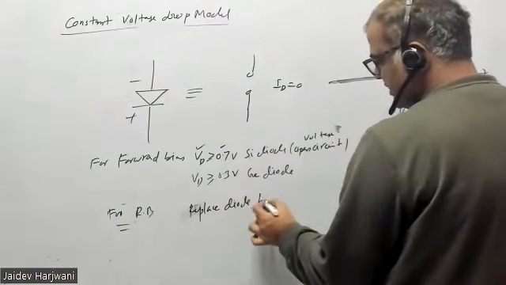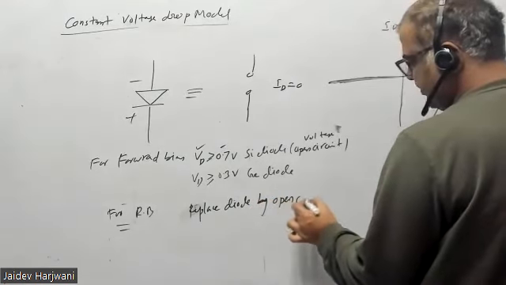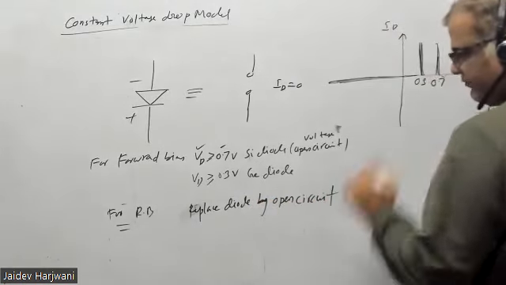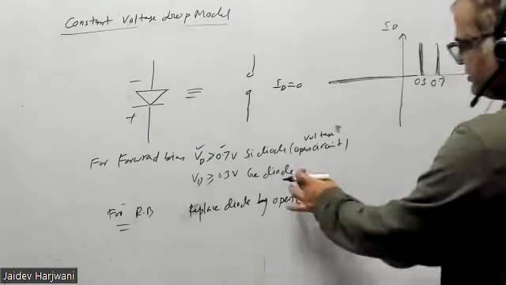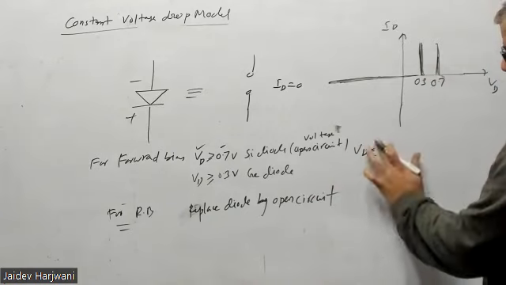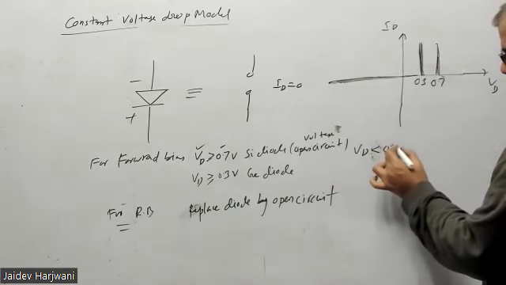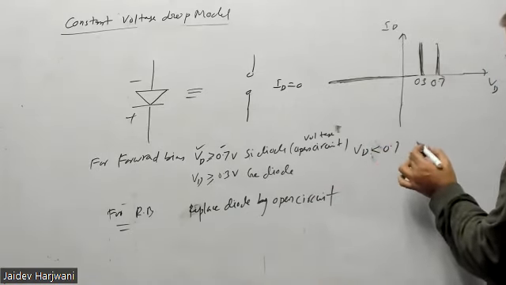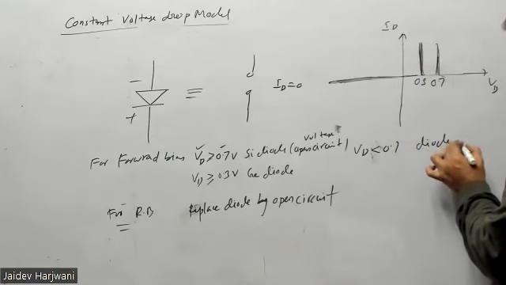And here also, if VD is less than 0.7, then the diode is open.